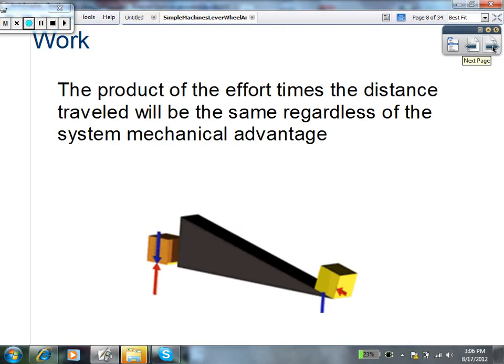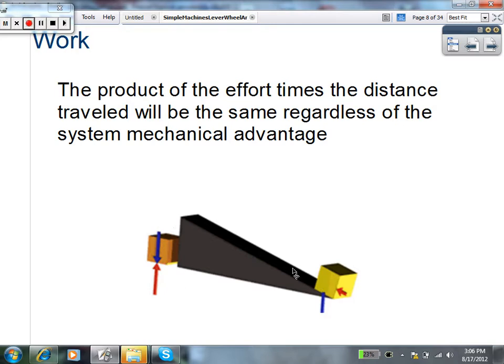Now, work, as we said already, is the product of the effort times the distance traveled, and it is going to be the same regardless of the system's mechanical advantage. Work is constant. Therefore, if we have 100 pounds and we want to lift it 1 foot, the work for that is going to be 100 times 1, or 100 foot-pounds.